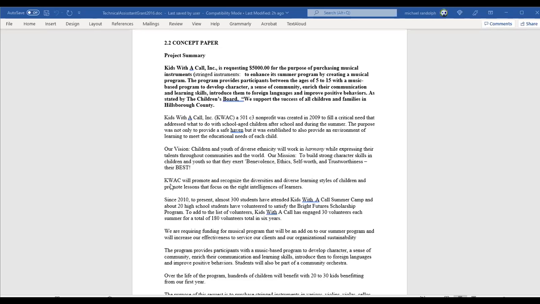Okay, she's using music to do that. But what is KWAC? That's the abbreviation for the program. Kids with a Call. Exactly. So y'all got me again. I thought y'all were going to miss that one. Notice how she abbreviated up here, just like y'all abbreviated. And then as you move forward, you talk about the abbreviation.